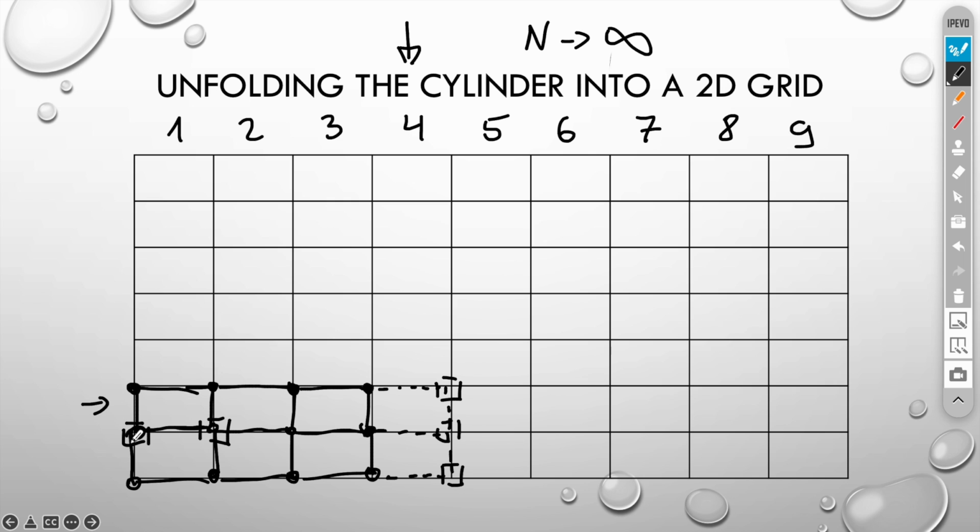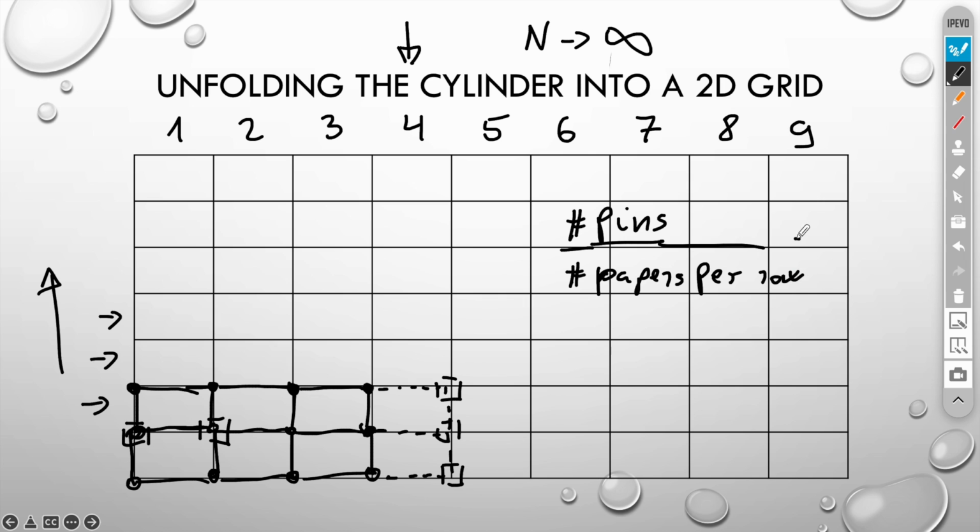So for this additional row and for this one and this one, if we continue up, the ratio between the number of pins and the number of papers attached per row, so papers per row, is equal to 1. And using 1 pin per paper for conquering new space is optimal.